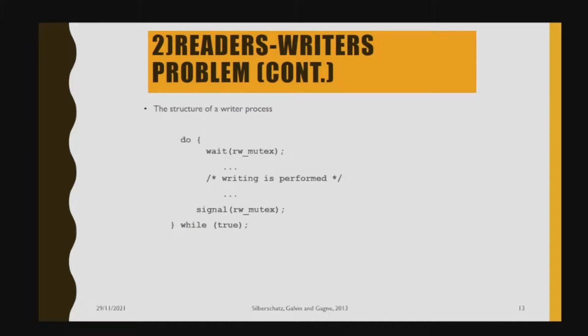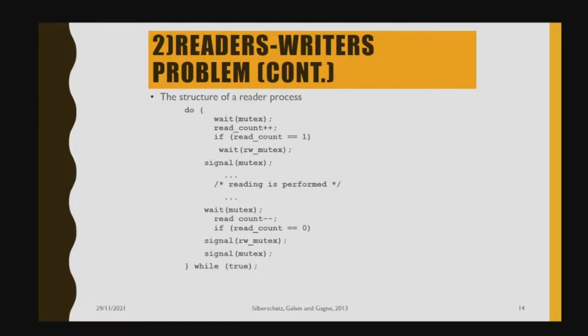So this is the structure of the writer process. So do, wait, read-write mutex. Writing is performed at this point, and then signal read-write mutex, while true. So this is the process of the writer, writing or updating the data.